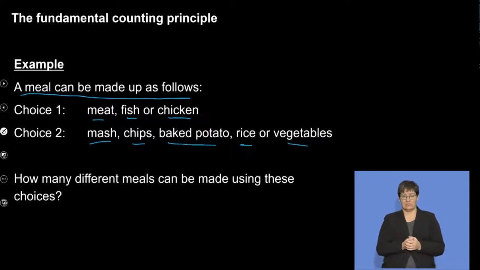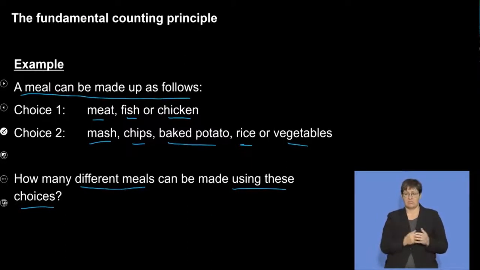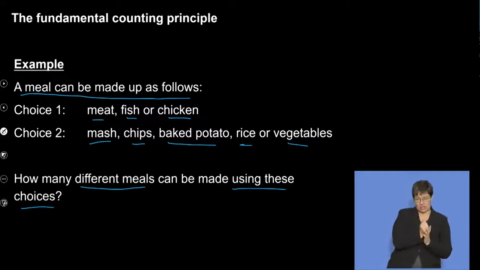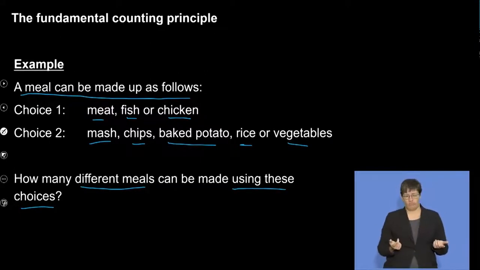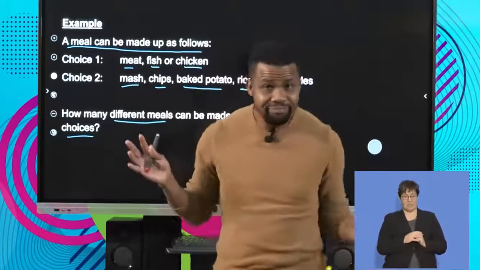The question is, how many different meals can be made using these choices? What does this mean? Can I take meat, mash, and chips? No, no, no. I have to select one from choice 1 and one from choice 2.